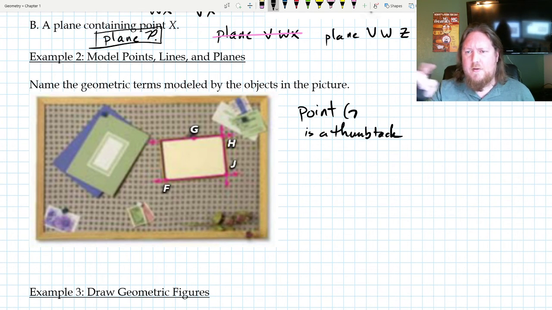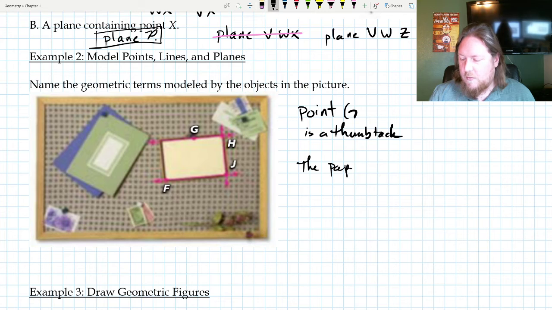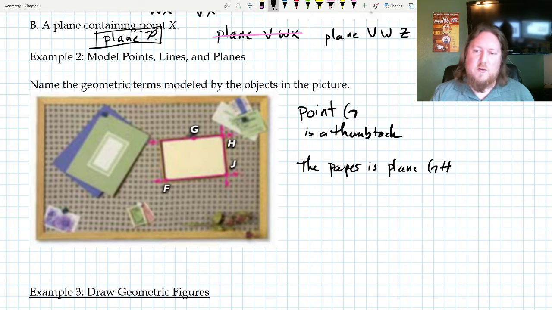That piece of paper is like a plane, and we can say there, so the paper is plane GH, and we can choose any other of those points because G and H are not collinear, so J or F would work for us. I'm going to choose J.